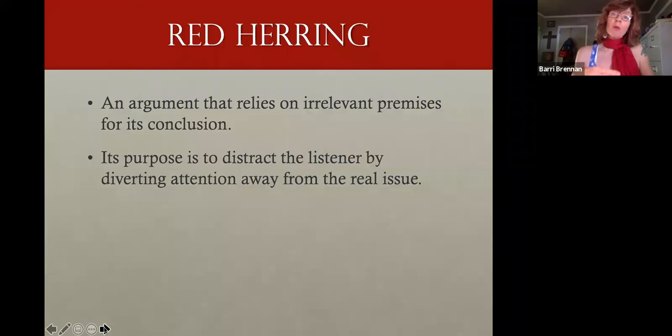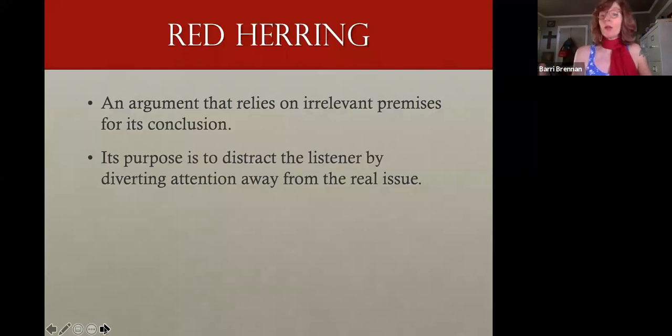Maybe they have destroyed property, but usually even the nonviolent ones are seen as domestic terrorists, which is like a red herring, because what they're doing is trying to protect the environment, but they're not doing anything to terrorize anyone.